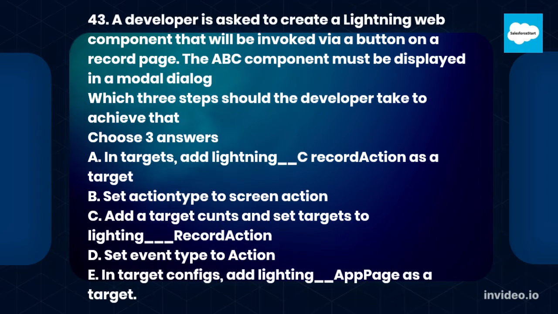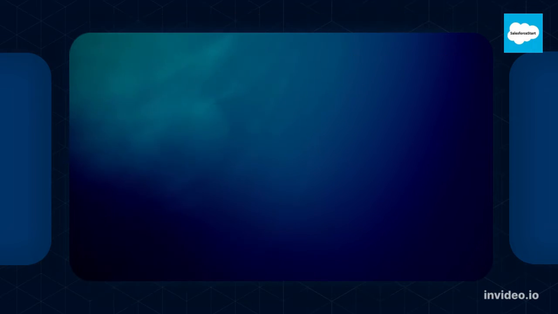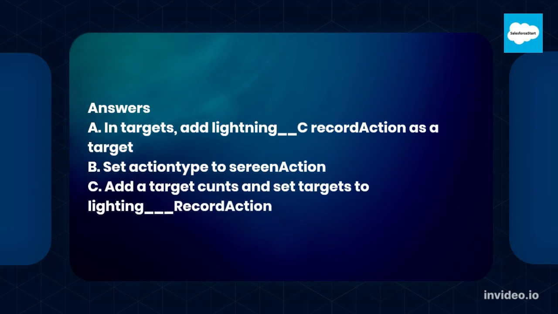D. Set event type to action. E. In targetConfigs, add lightning__AppPage as a target. Answers. A. In targets, add lightning__RecordAction as a target. B. Set action type to ScreenAction. C. Add a target config, set targets to lightning__RecordAction.